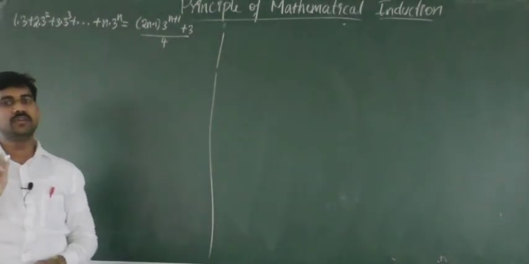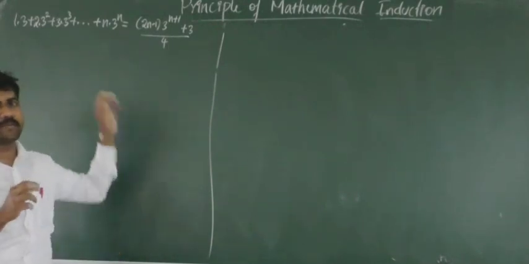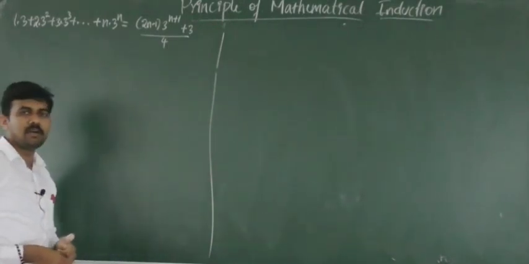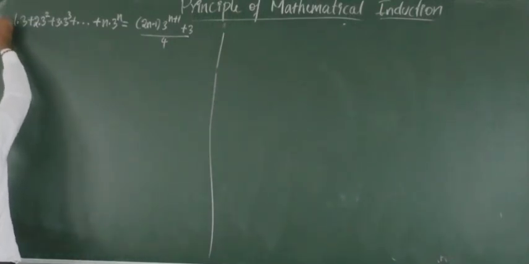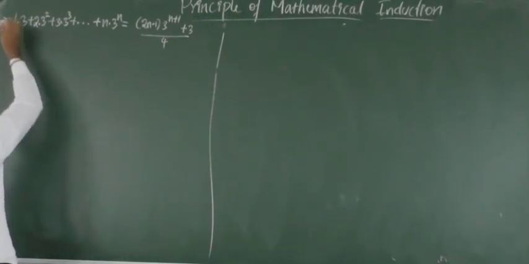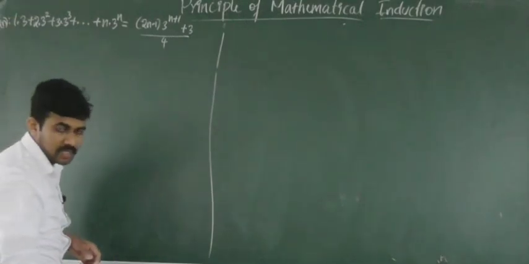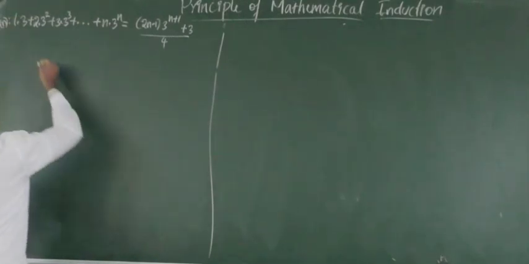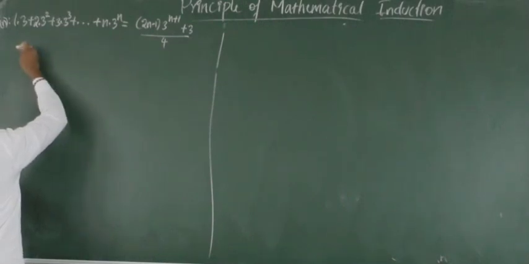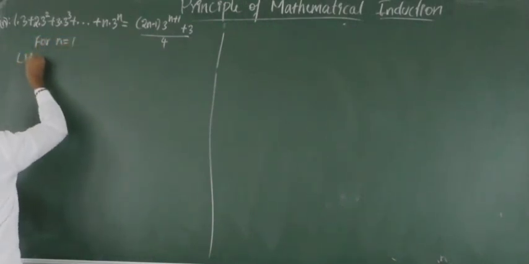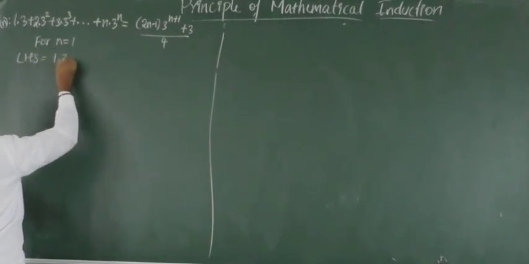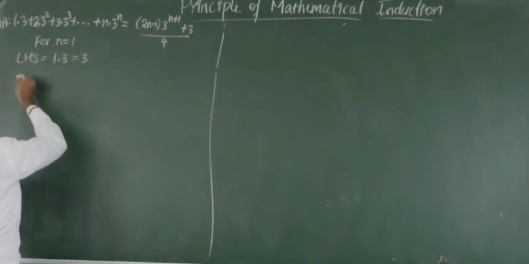Now we need to prove the statement is true by using the principle of mathematical induction. For that I consider the given statement as P of n. Now for n is equal to 1, the left hand side is nothing but 1 into 3, which is equal to 3.